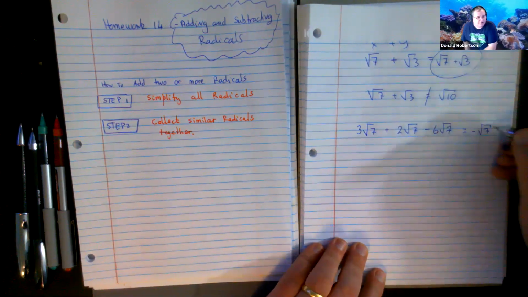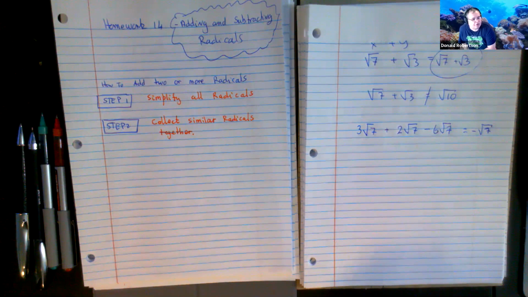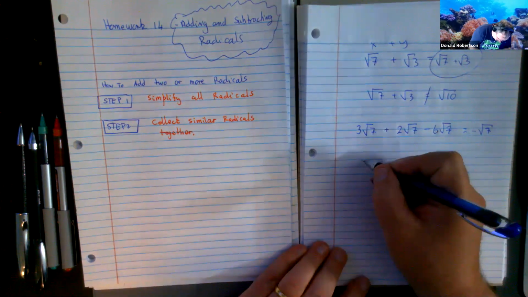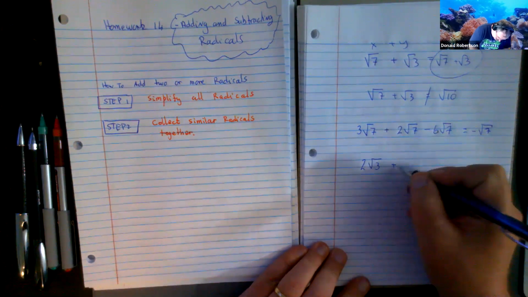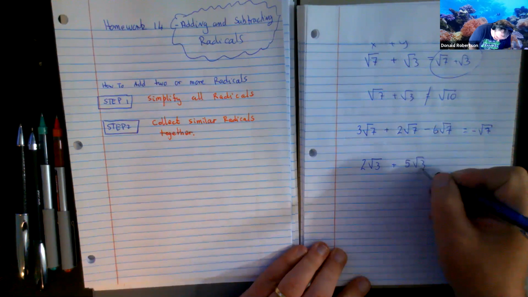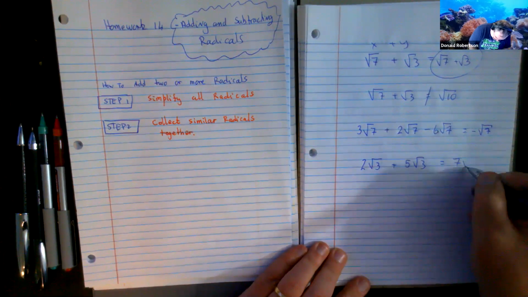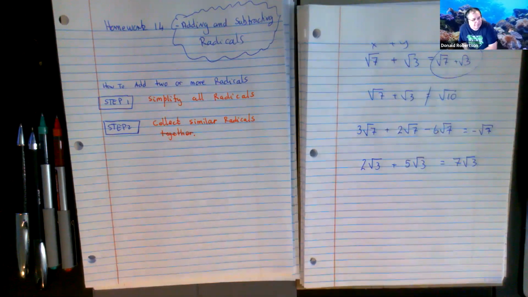Does that make sense? That if it's the same square root, you can add and subtract them? Suppose you had 2 square root of 3 and you wanted to add 5 square roots of 3, the answer would be 7 square roots of 3, right? That is the basic building block.